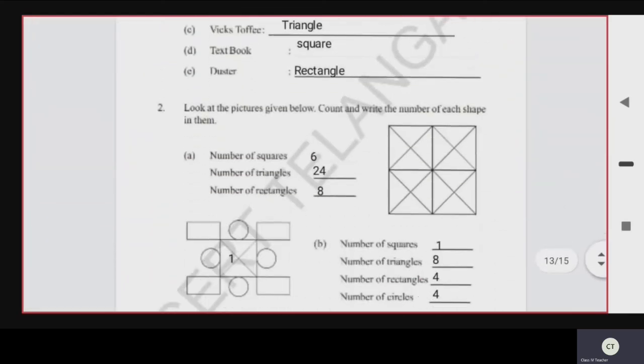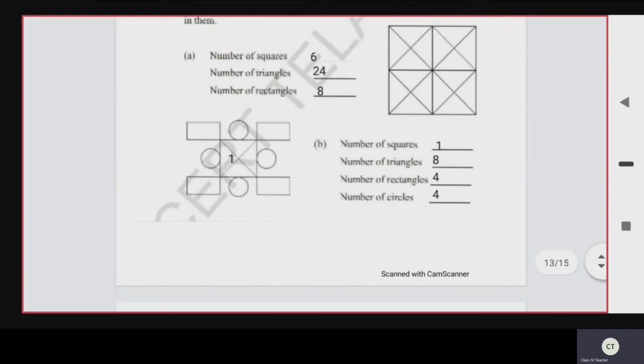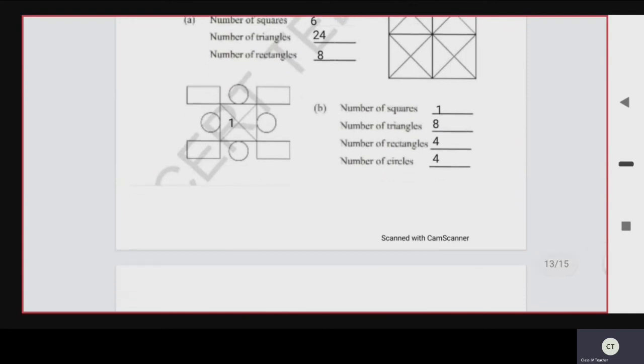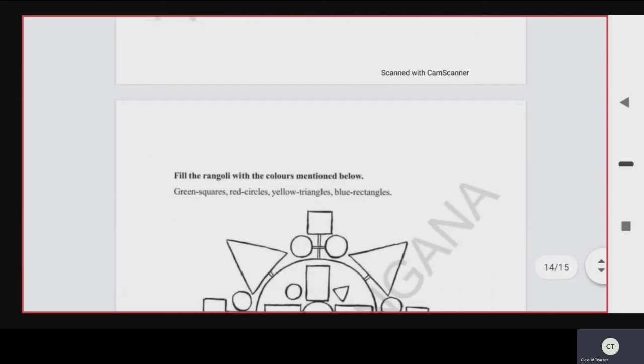So here are the answers. In the first figure you have 6 squares, 24 triangles and 8 rectangles. In the second figure you have 1 square, 8 triangles, 4 rectangles and 4 circles.